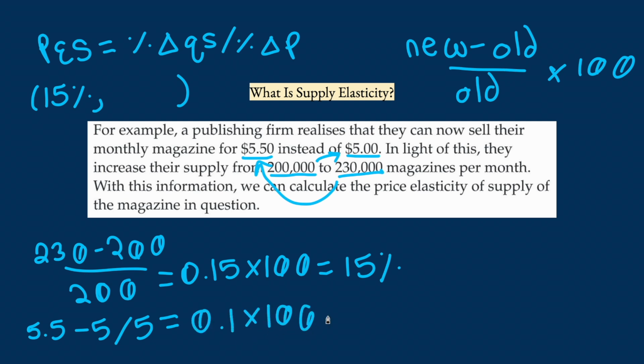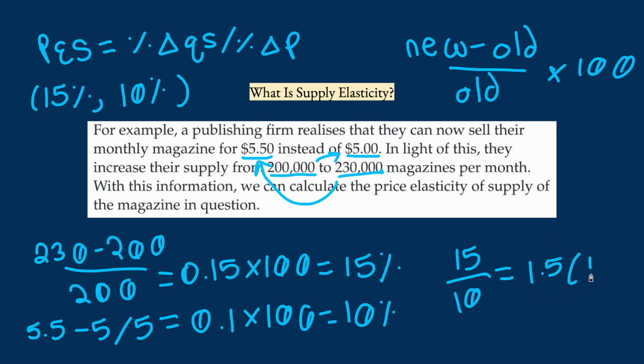And then when you times it by 100, you're going to get 10%. Now, obviously, you just have to work together with these two percentages to put them into this formula where you have 15 divided by 10, each in a percent form. So 15 divided by 10 is going to cancel out to 1.5, and then that's your PES value.